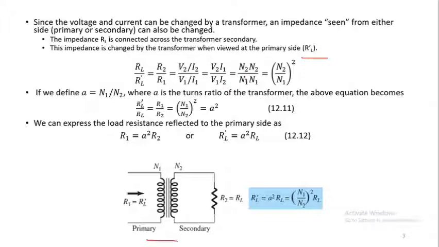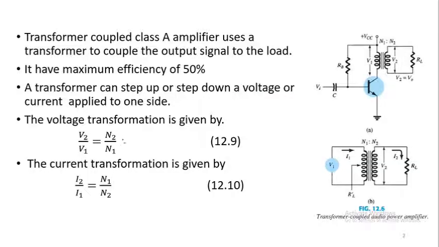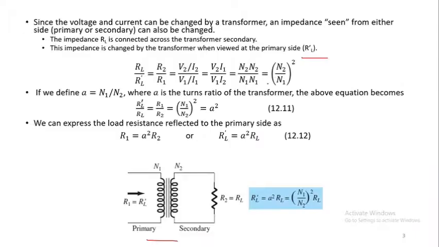And since we know that V2 by V1 is equal to N2 by N1, as equation 12.9 suggests, and N2 by N1 is actually I1 by I2, we replace this I1 by I2 with N2 by N1. So we can rewrite these terms as N2 by N1 whole square.